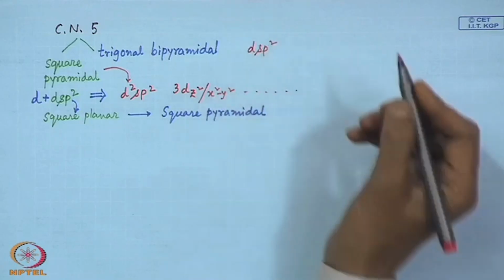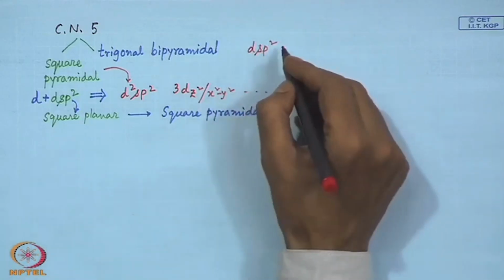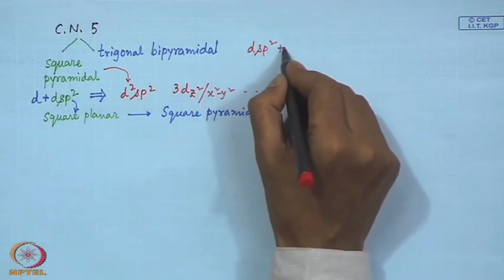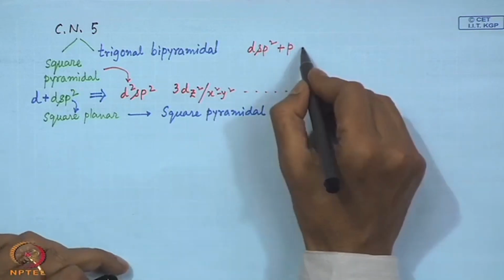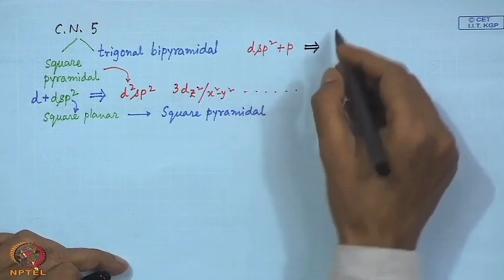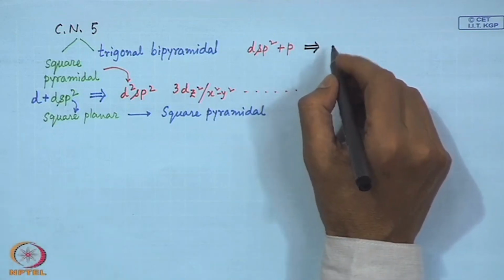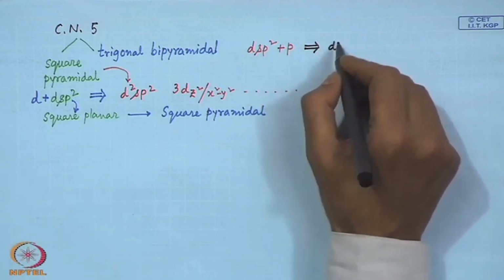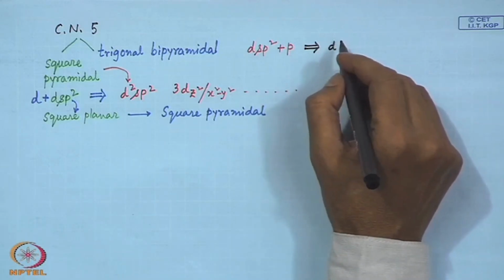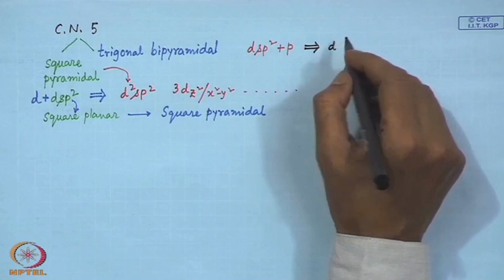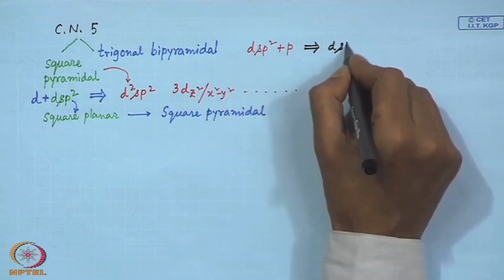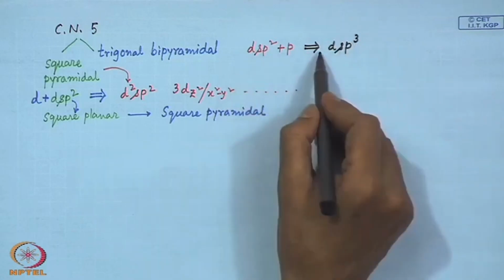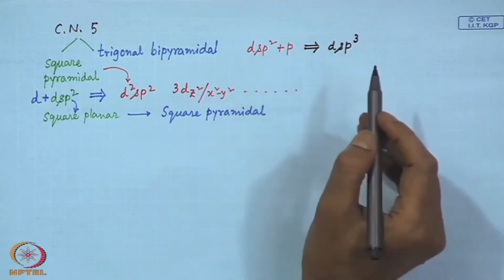Similarly, this trigonal bipyramidal geometry can be moved from dsp2, which was there for the square planar arrangement, with the addition of one p now. So for trigonal bipyramidal geometry, the corresponding hybridization scheme would be dsp3, 1 d, 1 s and 3 p orbitals.